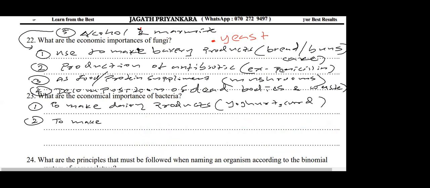Then next one, under bacteria, you can write, other than that, to make dairy products, to make compost fertilizers, to make biogas, to produce compost fertilizers.